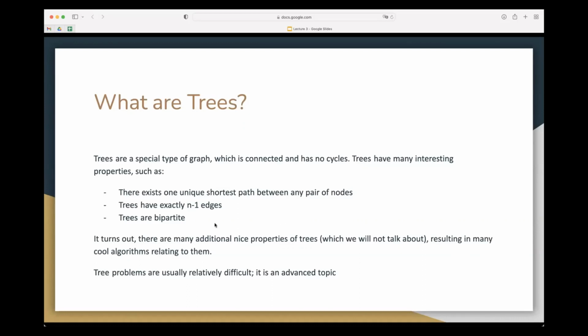The property of trees that we're going to talk about today is the fact that there exists a unique shortest path between any pair of nodes. This is a very powerful property of trees that a lot of problems use. And we will talk about how to solve problems that ask you for shortest paths and stuff like that.